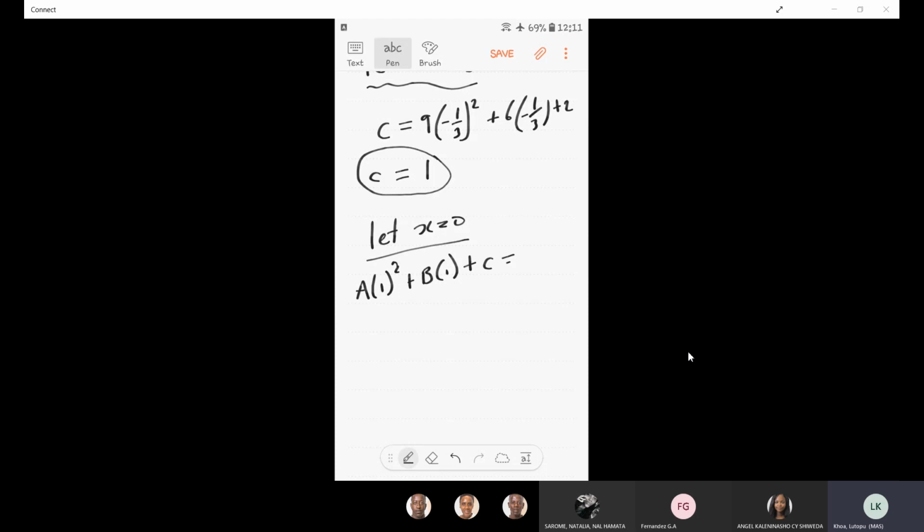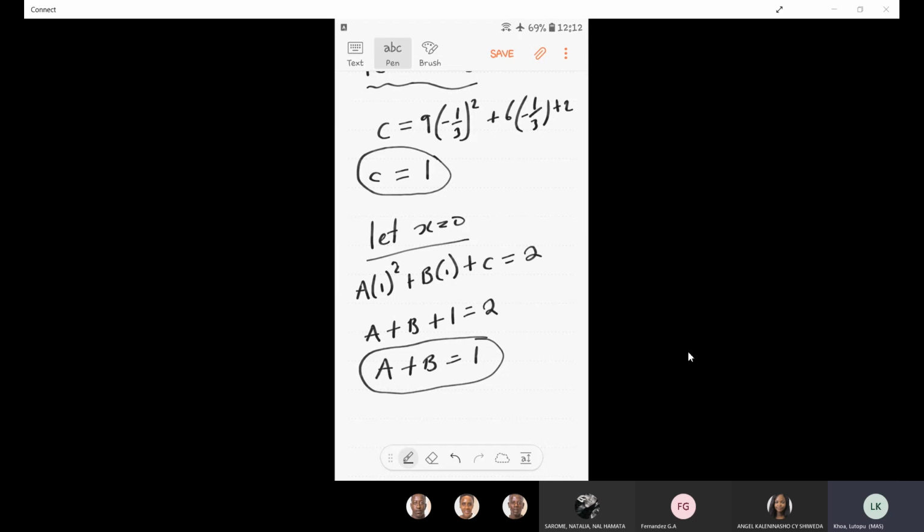C is equal to, on the right-hand side, I have 2. But we already know the value of C, so I can substitute that. So I have A plus B plus 1 is equal to 2. This means that A plus B is equal to 1. So this is my first equation.